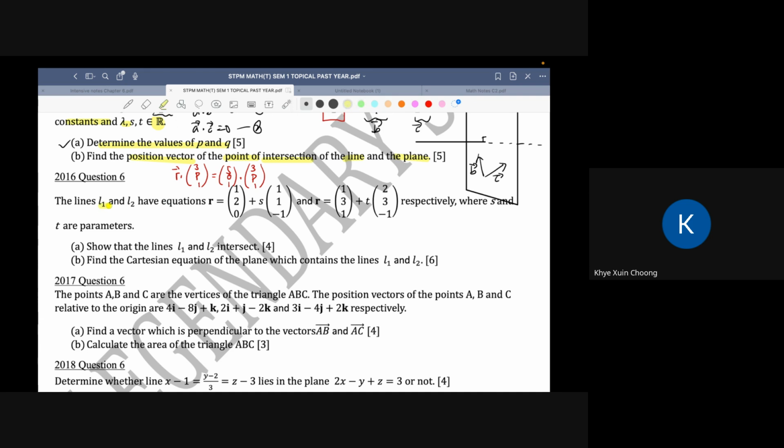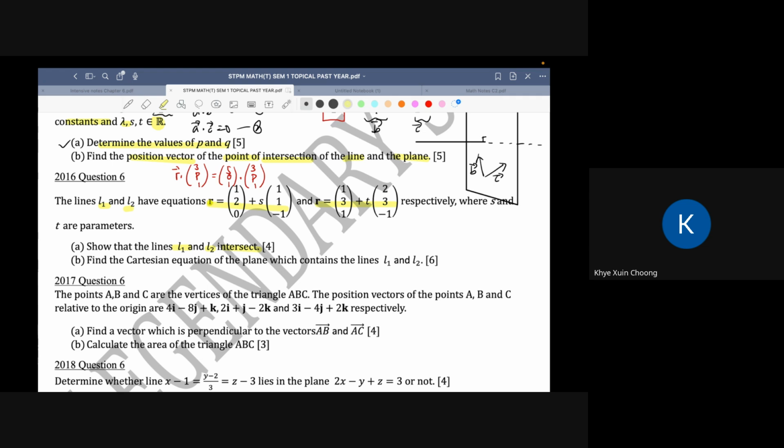The lines L1 and L2 have equations r equals to this one and r equals to this one, where S and T are parameters. Show that lines L1 and L2 intersect. Okay, how to show that they intersect? If you want to show that the lines intersect, you try to find the point of intersection.